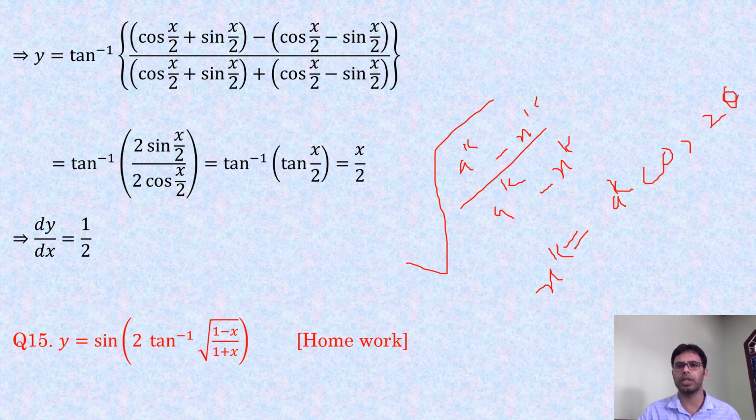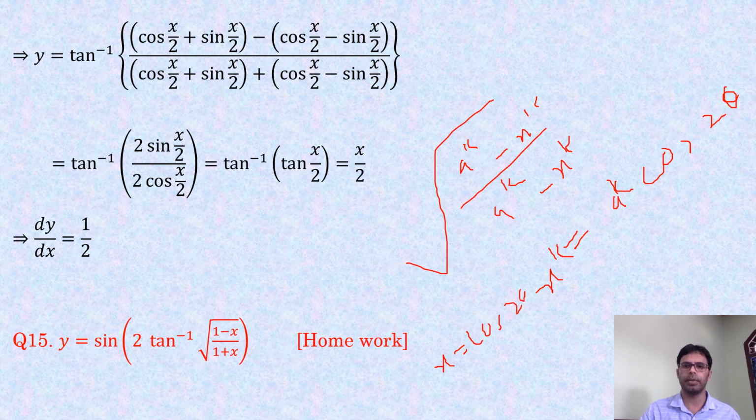This is the process. Okay, so here you see it is root over of a is 1 and k is also 1, 1 minus x by 1 plus x, so you should take here x is equal to cos 2 theta.